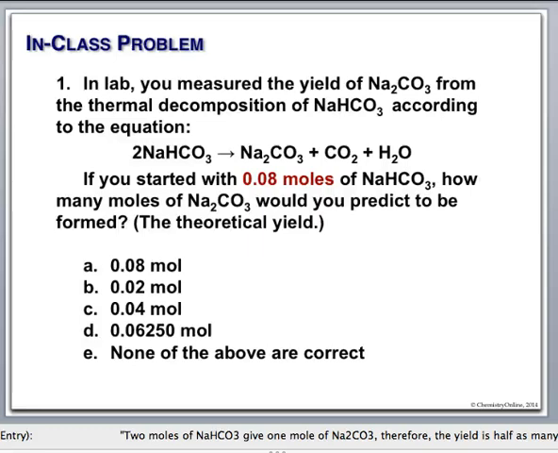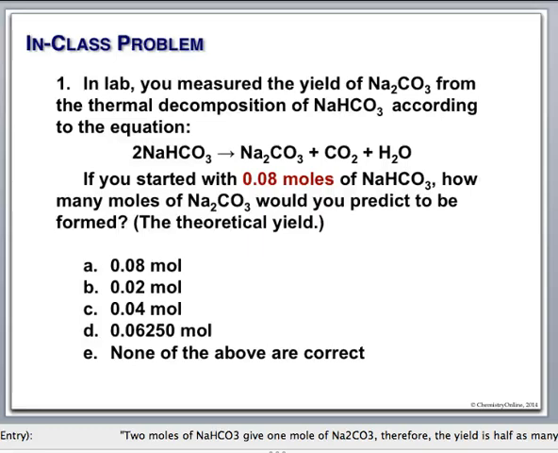Now, when I wrote this, I thought that this was a really, really simple stoichiometry problem that you should have been familiar with. If we started with 2 moles of bicarbonate, we would obviously get 1 mole of carbonate, correct? That's simply the coefficients.